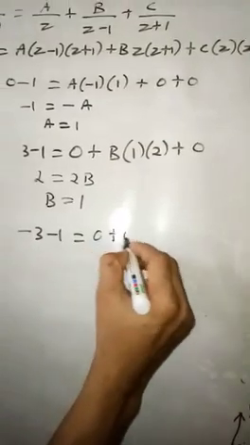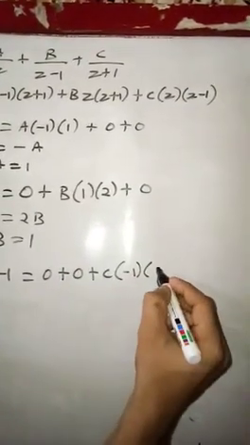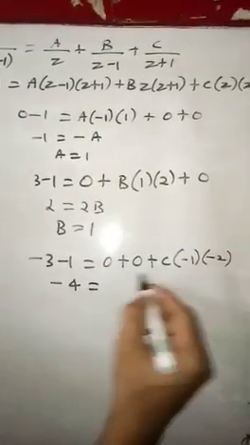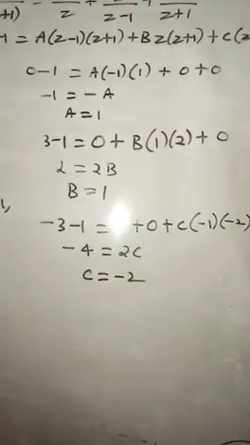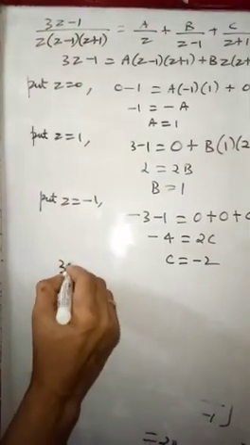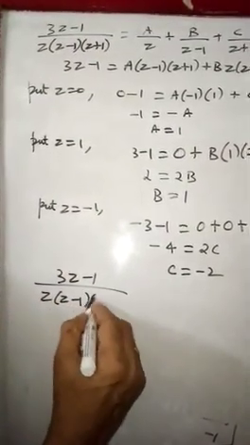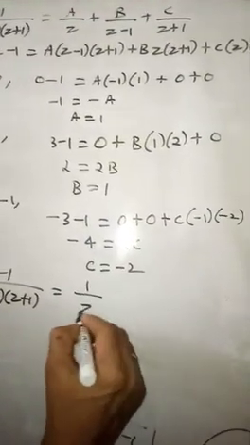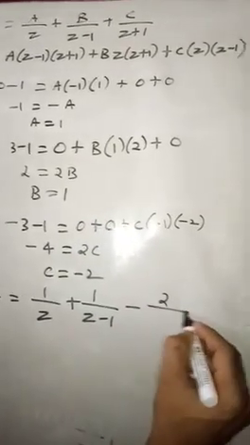The first two terms are 0. c into (minus 1) into (minus 1 minus 1) is minus 2. So this is minus 4 equal to 2c, or c equal to minus 2. Now substitute all these three values in this fraction. a is 1 by z, b is also 1, and c is minus 2.